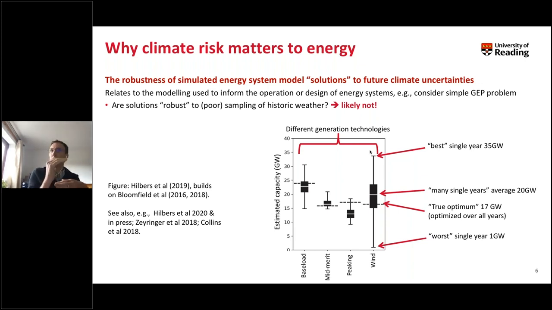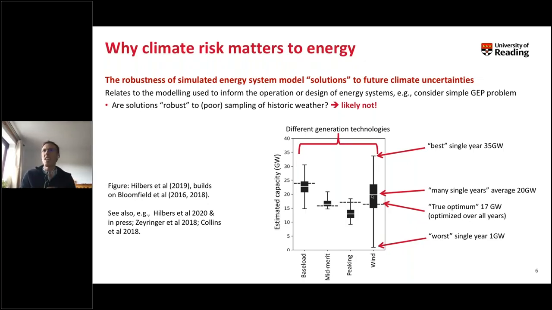If you pick a bad year, you're going to be miles off the average solution. There's a further problem: even if you ran that model, I think about 35 years of weather data are fed into this. If we run the model 35 individual times and calculate the average installed capacity across those 35 individual solutions, we get an average of about 20 gigawatts, the center of the white line in the bar, which is still wrong when you compare it against the ideal optimum solution, which is if you were to solve the model over the whole period, giving it all 35 years of data at once, where it would actually build 17 gigawatts.